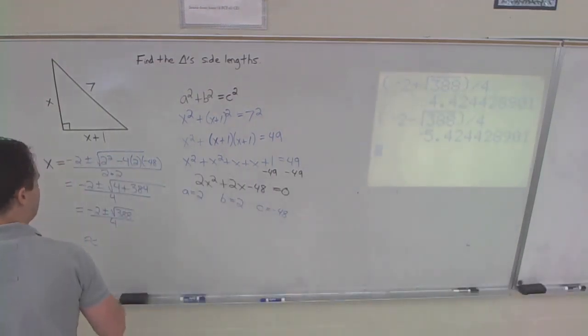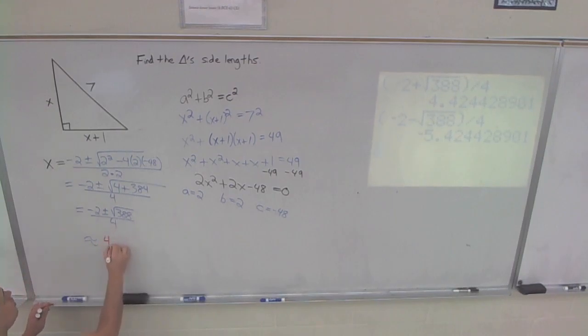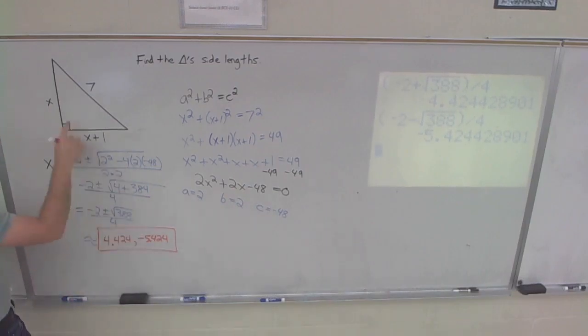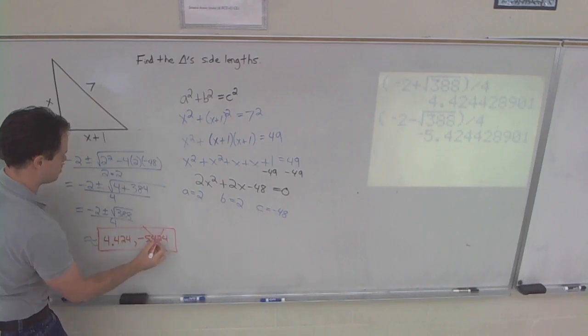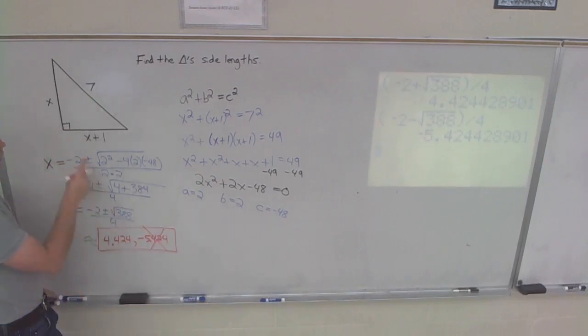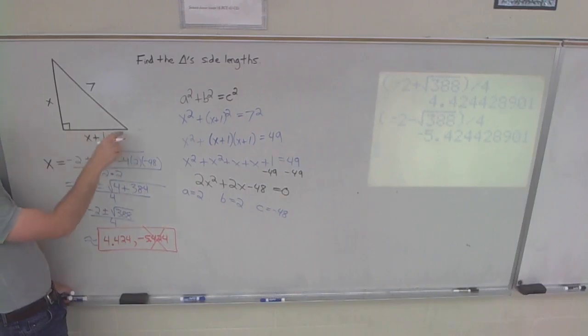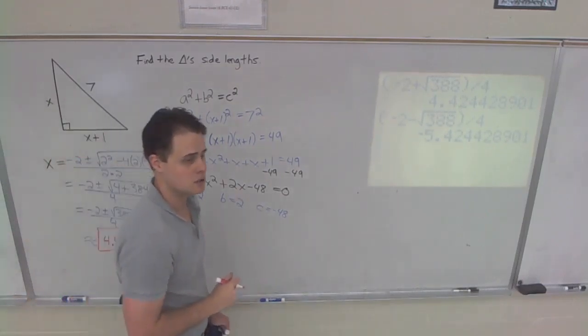So here's my two values for x. They both might work, but in this case, -5 for a side length of a triangle, I don't think makes sense at all. So this one's out. This is the only one. So that length is that. And if you go 5.424, that's going to be this length. Okay? So there's how you do one of those.